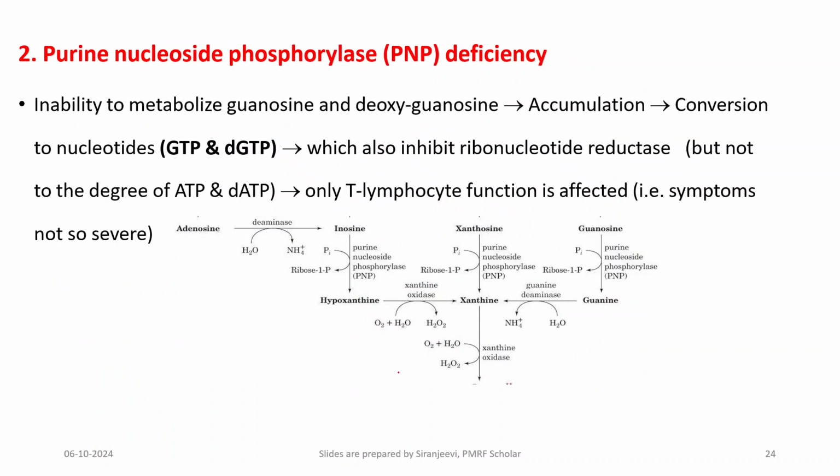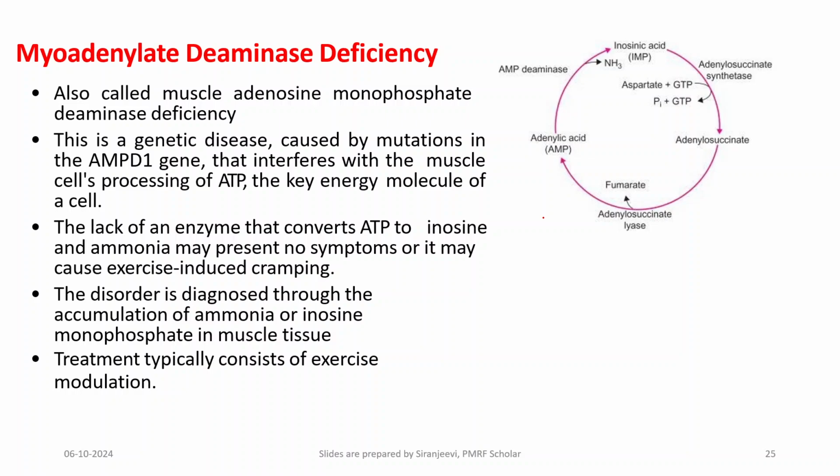And there is one more enzyme deficiency, that is purine nucleoside phosphorylase deficiency. This is also almost similar to SCID, but only the T lymphocyte function is affected, not the B lymphocyte, which is a milder version, or it is not so severe when compared with SCID. And one more enzyme that we talk about is myoadenylate deaminase deficiency, that is muscle adenosine monophosphate deaminase deficiency.